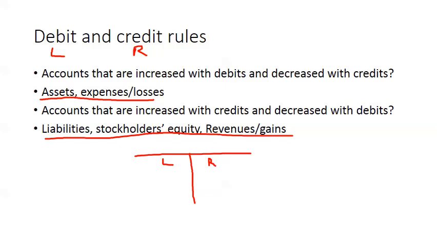The left side just means debits, and we normally abbreviate debits DR, and the right side is credit, which we abbreviate CR. So assets and expenses are increased on the debit side, where the other 3 are increased on the credit side.